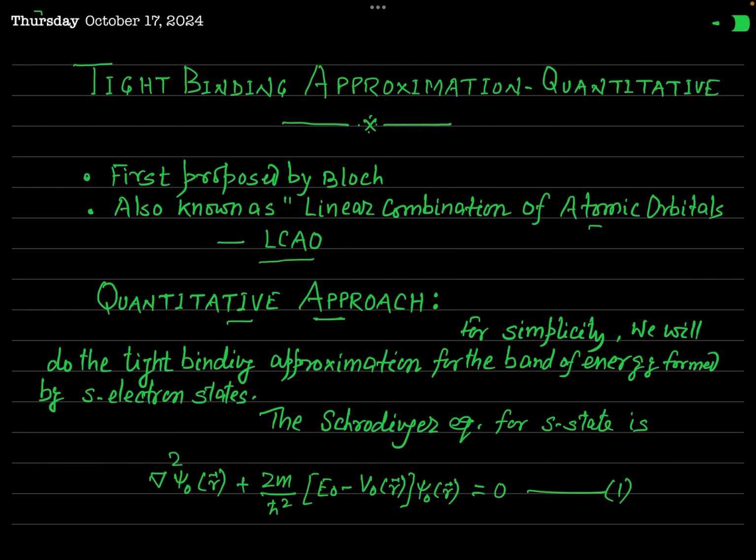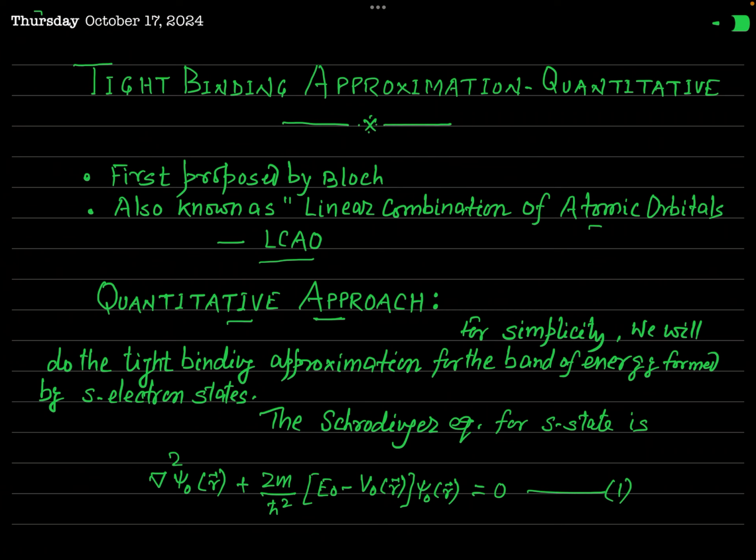Why it is called linear combination of atomic orbitals, we learnt in our first lecture: when the atoms are far separated, the wave functions of the atoms do not overlap, and the electron of each atom has discrete energy levels.